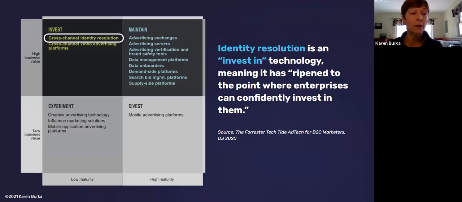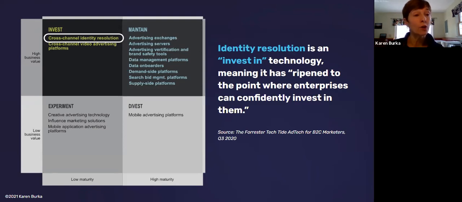I also wanted to take a look at a couple of slides from Forrester Research. Now, a lot of us are very familiar with Forrester and their various quadrants of different kinds of technologies. This is from the Forrester Tech Tide Ad Tech graph that they have. I wanted to show this to you because already Forrester is showing us that identity resolution is a high value application.